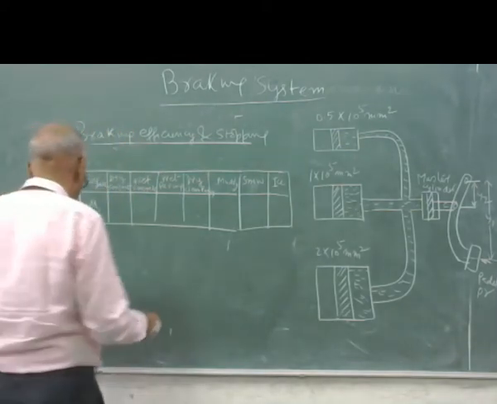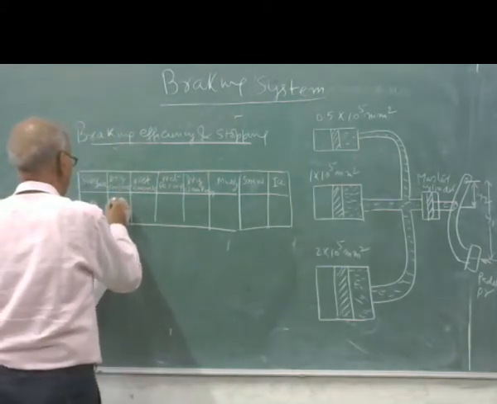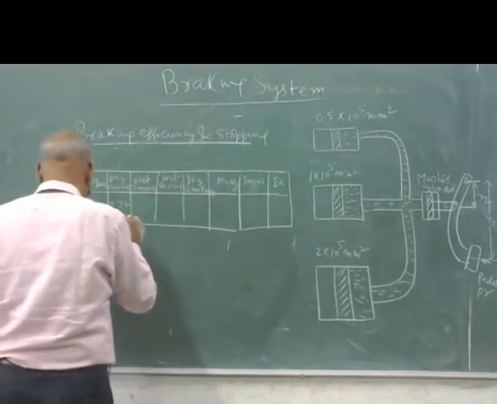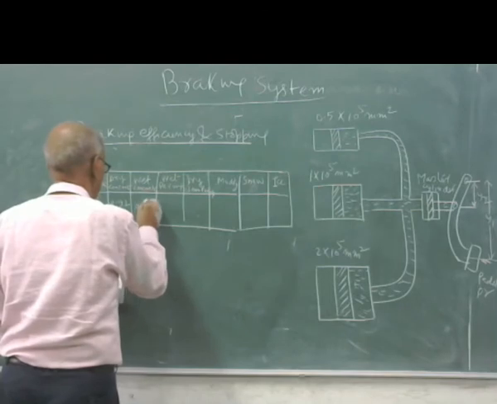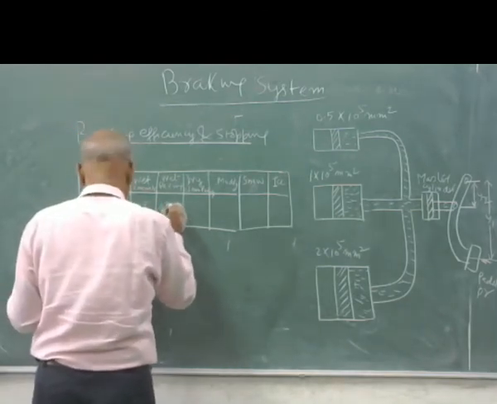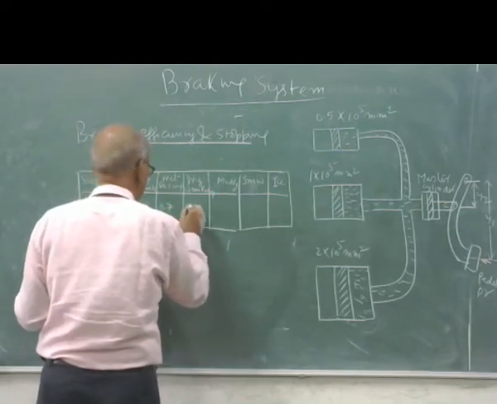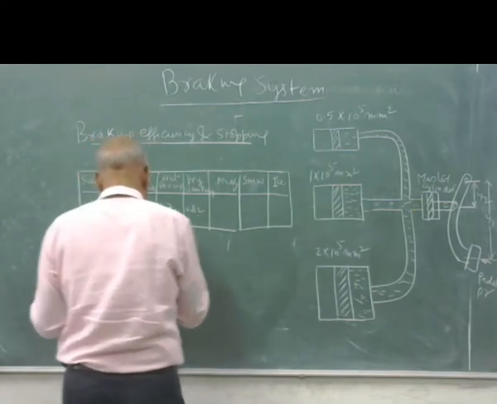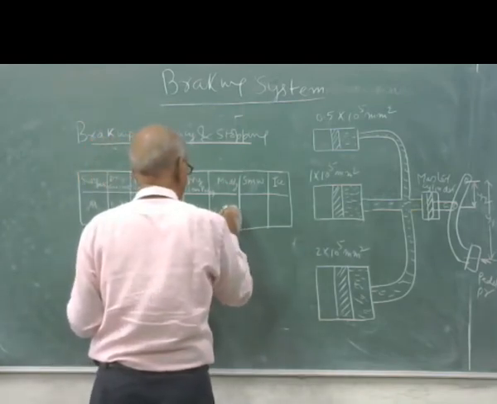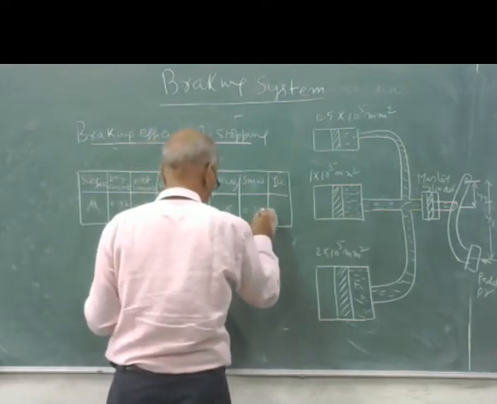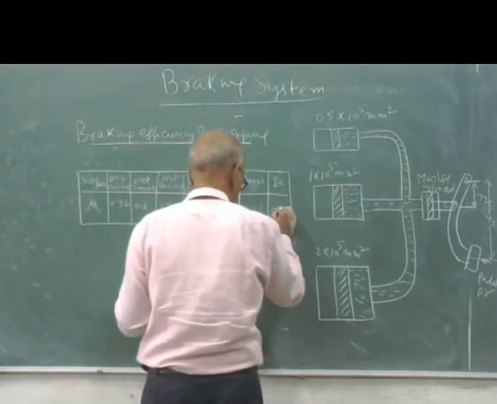So we can write for dry concrete 0.92, for wet concrete 0.6, wet paving 0.7, dry clean paving 0.82, then muddy, if there is mud, 0.35, then snow 0.25, ice 0.125.